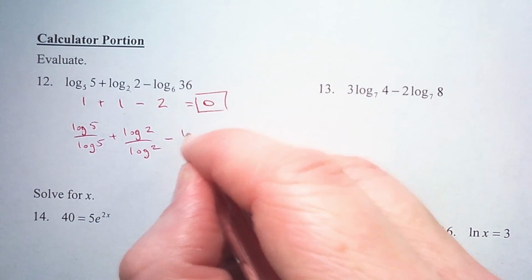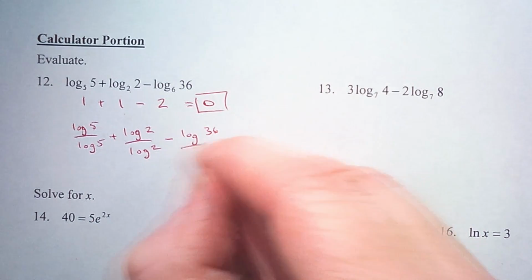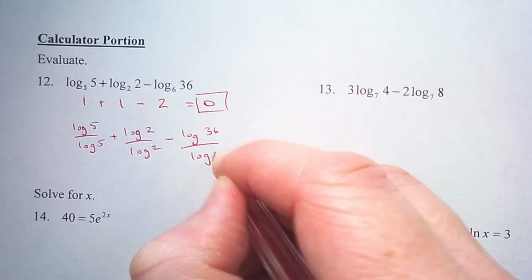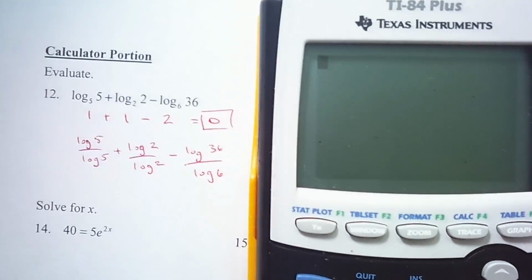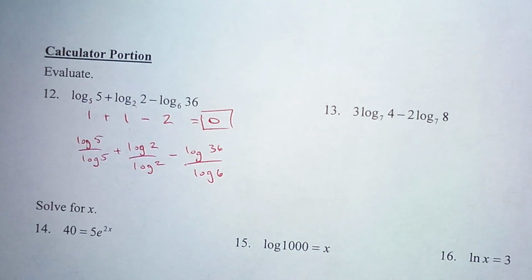And then we have log argument over log base. And this time we'll use a calculator. So log 36 divided by log 6 is 2. So we get our 1 plus 1 minus 2 equals 0.